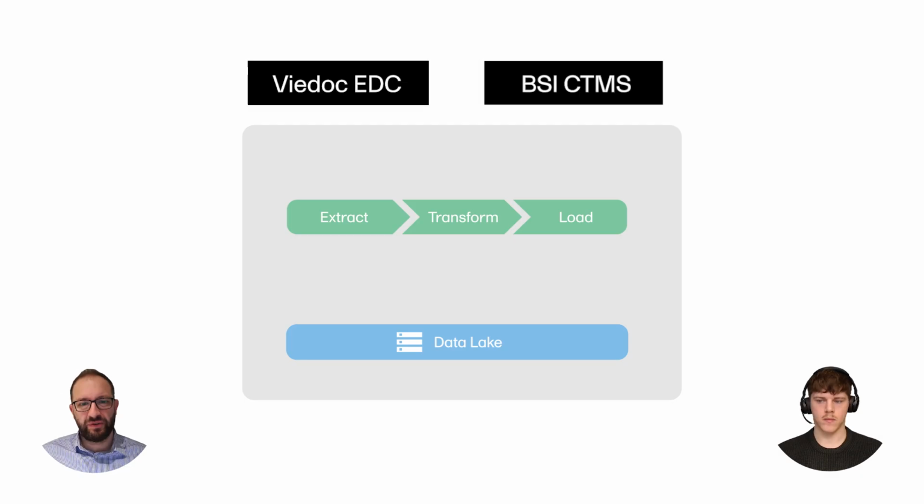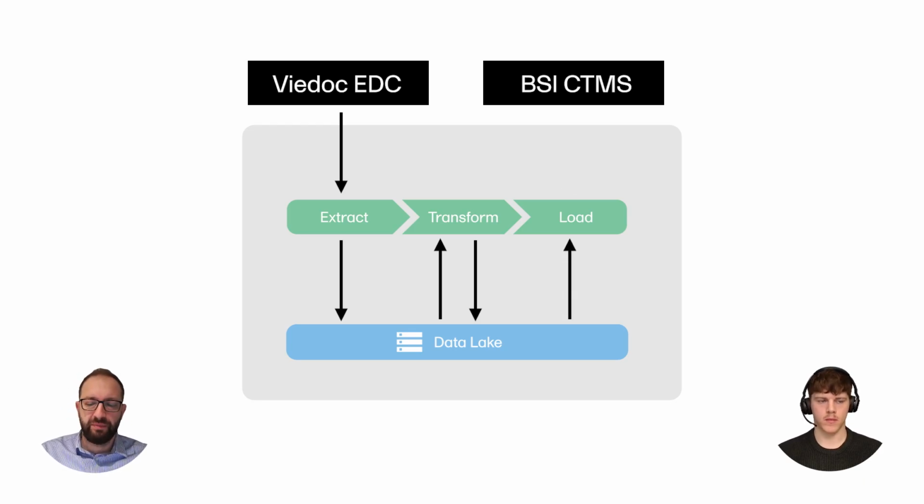That's correct, yeah. Finally, I would want to end with this screen, and just to give you another overview of this integration. So this is our data integration platform, and the integration we just talked about will follow the following path. So you'll see that data was fetched from the EDC. It was stored then in the data lake. We transformed the data to match the format of the receiving system, and then we send the data to BSI CTMS using their API.